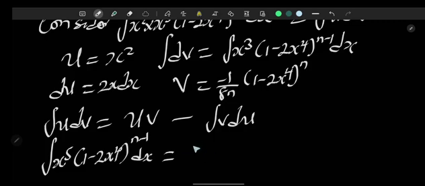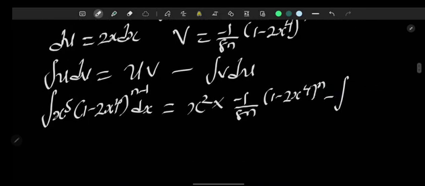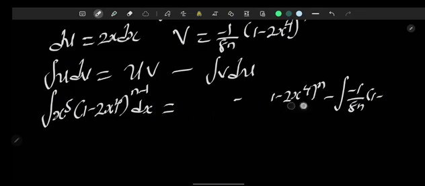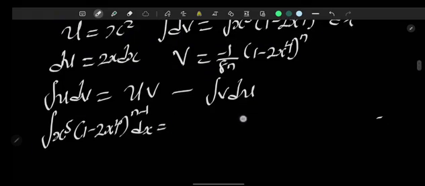equals u is x squared times minus 1 over 8n 1 minus 2x raised to the power of 4n, then minus integral v du. Let's take it again.